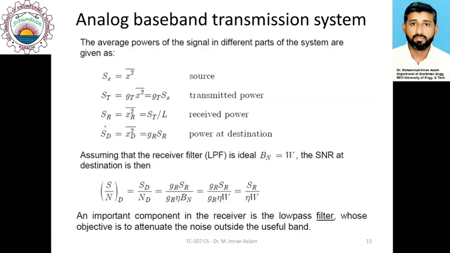So I can say that this signal power at the destination is actually equal to the received power multiplied by this receiver gain GR. So this is actually SR GR, and you can see that from this previous relationship, SR, ST and SX relationship, we can easily relate this received signal power with the transmitted signal power as well.